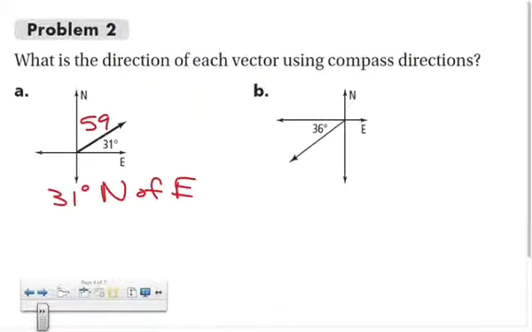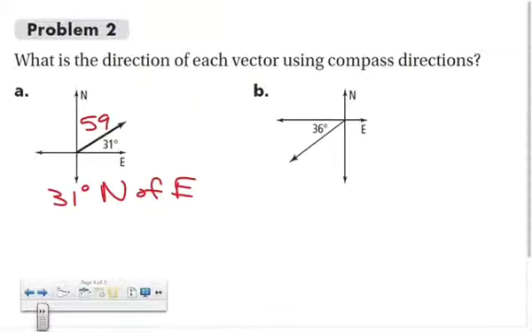Realize you're always going to have a vertical segment or a horizontal segment being one of the sides of your angle. Here my horizontal was east. There's my second direction. The second direction is always either the vertical or the horizontal part of your angle. If that helps, run with it.